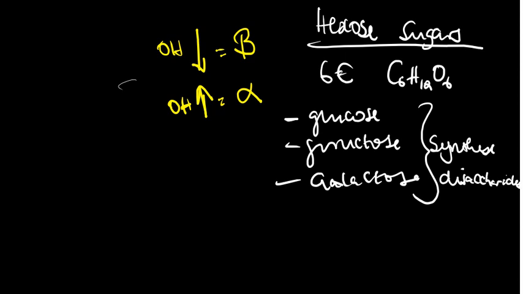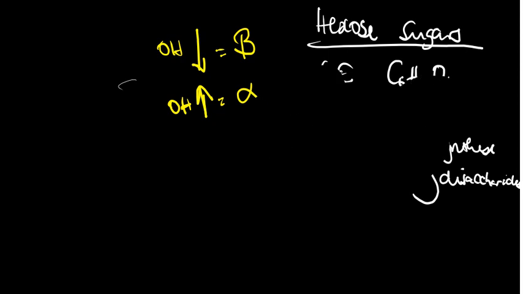Okay, so a disaccharide can only be synthesized when we use hexose sugars. You can't use a pentose or a triose to make a disaccharide, or a tetrose. That's not possible. That's why you are only able to make disaccharides using these hexose sugars.